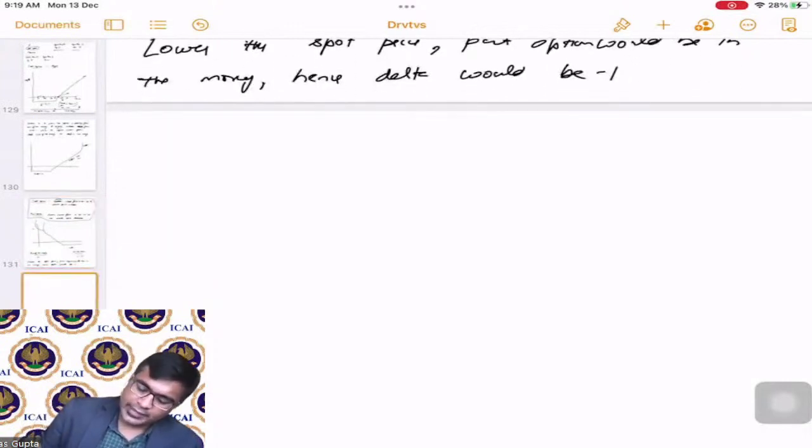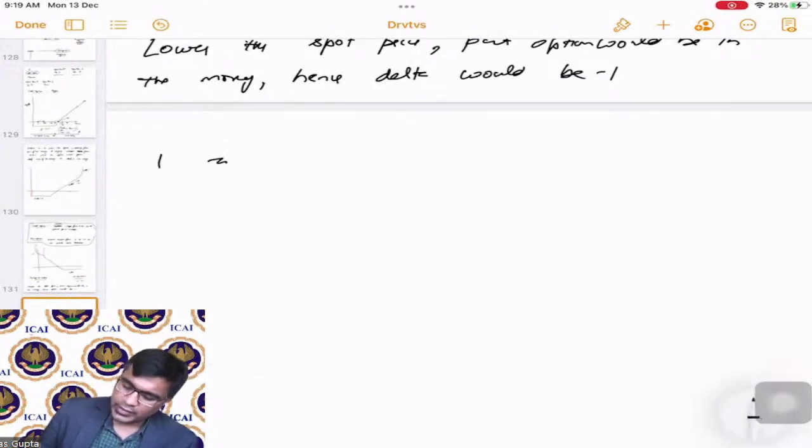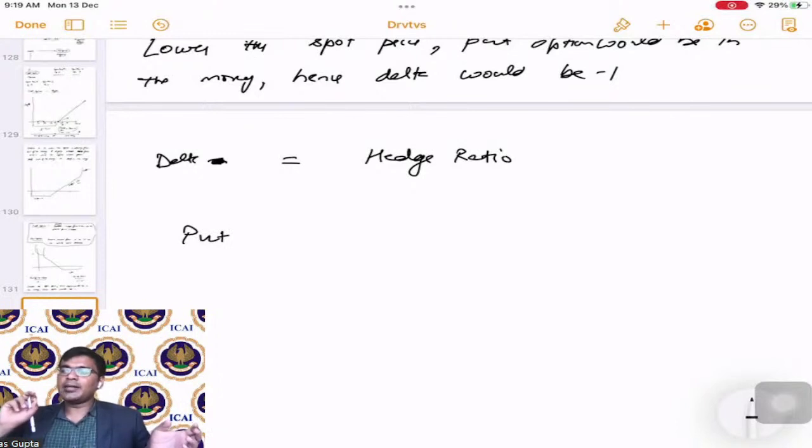Last point: delta is actually the hedge ratio. Correct? This we have also studied. Is there a relation between put delta and call delta?